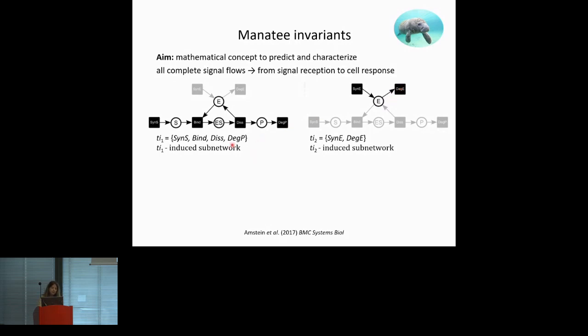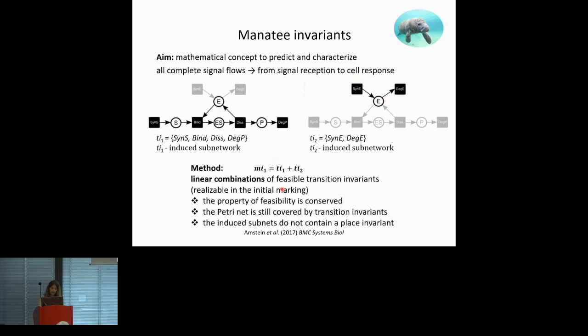And you see here that the firing of that transition invariant cannot take place because we have no token here on the place for the enzyme. So we really need also that transition invariant.